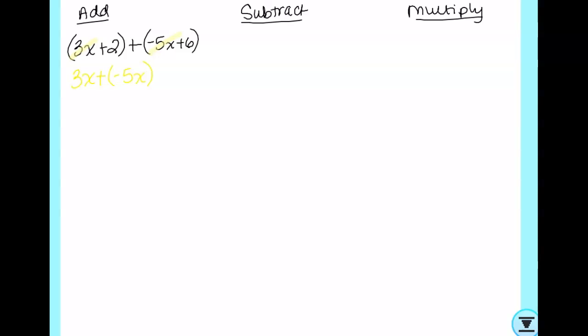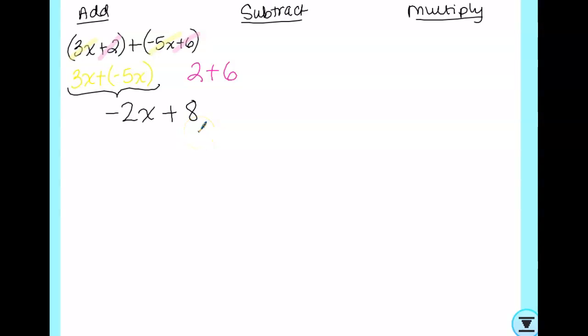The other two would also be like terms because they don't have the variable at the end. So we would also have 2 plus 6. When we add the first two together, we get a negative 2x. And when we add the other two together, we get a positive 8. So we've taken these two and basically combined them into one binomial, okay?